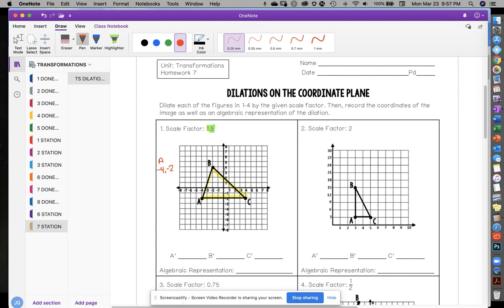My B is at -2, +4. And my C is at +4, -2. So what we're going to do is increase these all by 1.5.